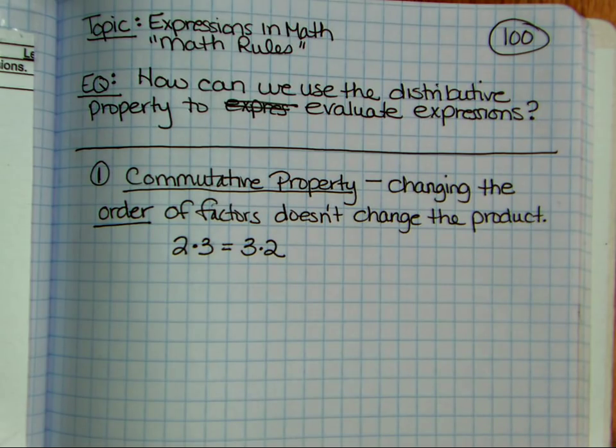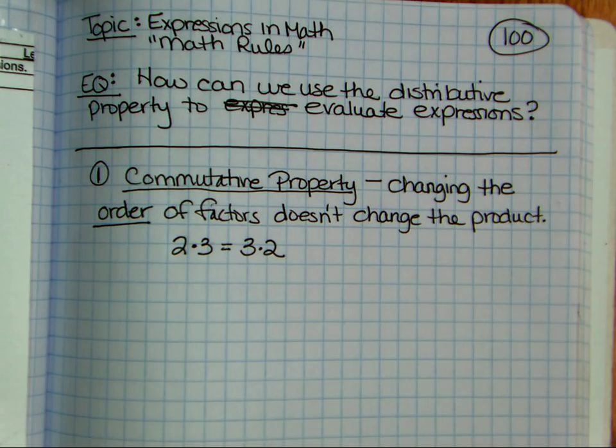That's the commutative property. I like to think of it as like when you commute in a car, you get from one place to the other, but it doesn't matter if I drive on the 15 or if I drive on another road, I'm still going to get to the same place. It can go in either order. But that's just my own little way of remembering what's the commutative. It's the numbers move around, but the end product stays the same.